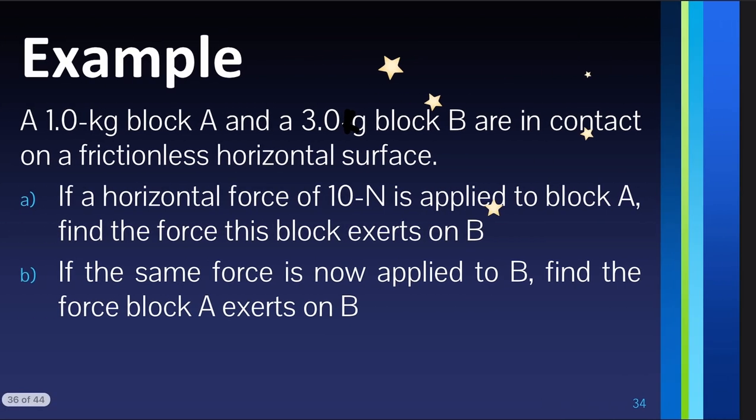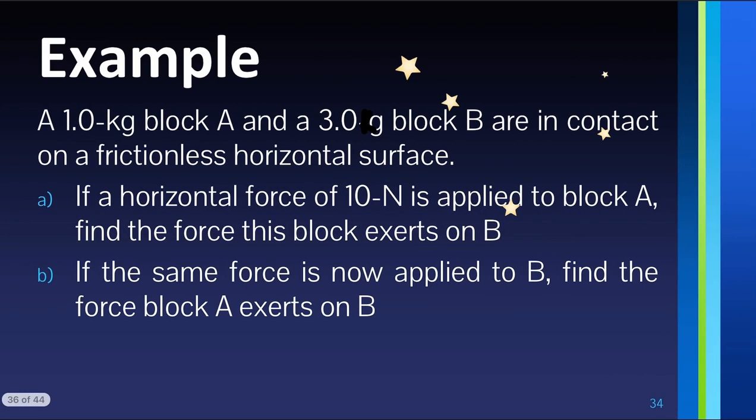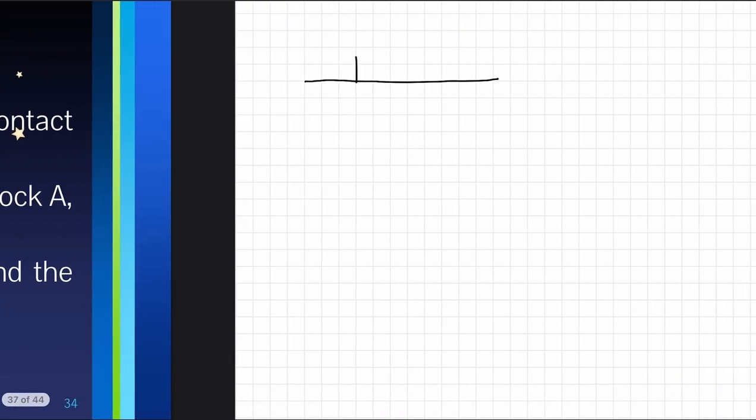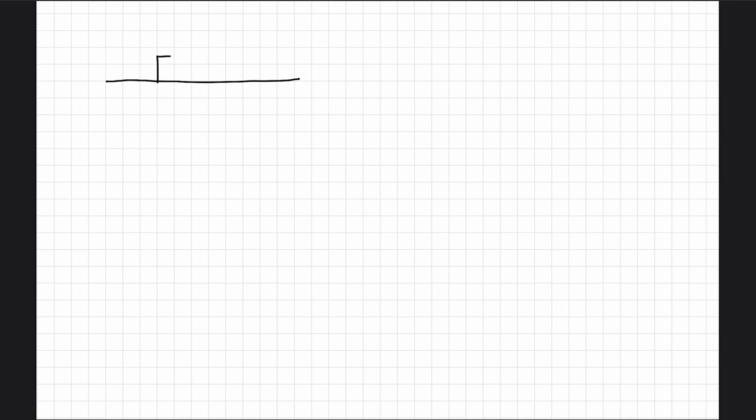So first, when solving problems like this, we need to draw, of course, the figure. It's called the free body diagram. Let's draw the surface. Let's say that this is the surface, and we have block A here, which is smaller. Block A is 1 kilogram.